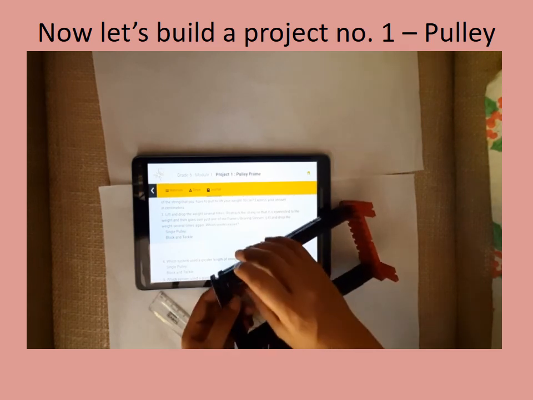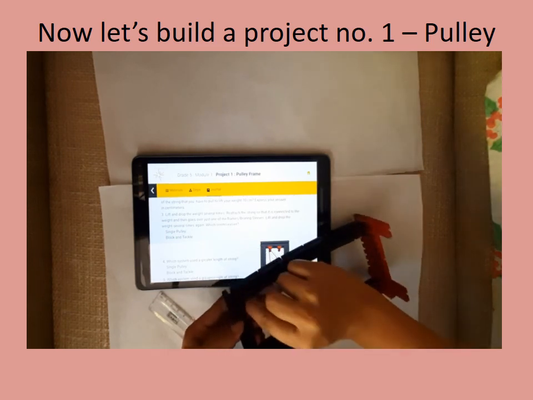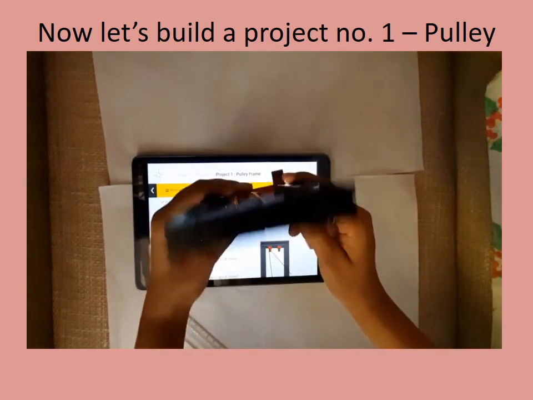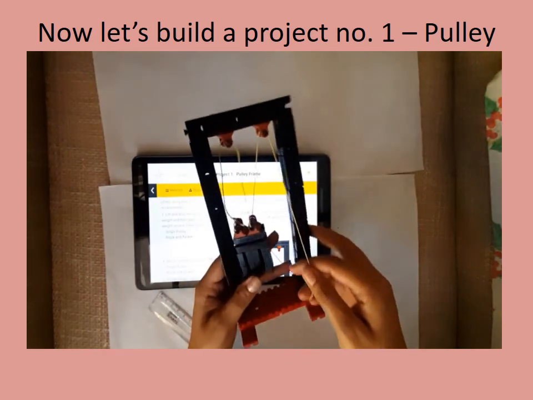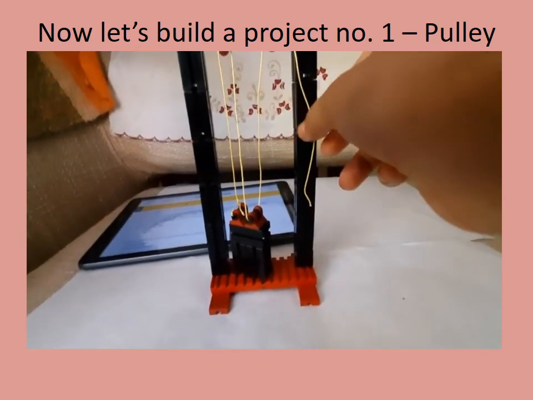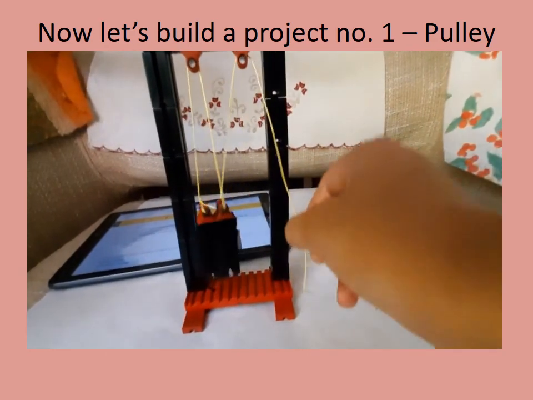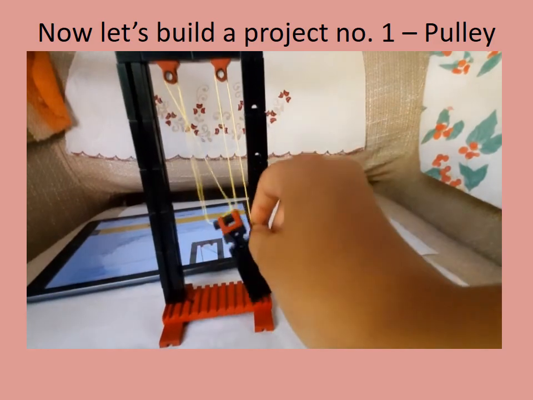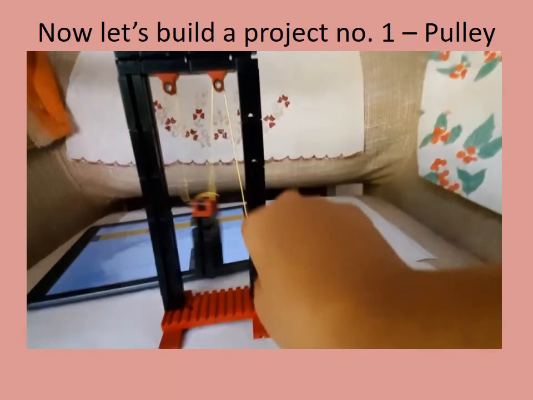As we have done in the previous question, I detach the string and then lift and drop the weight many times. Now I am again reattaching this string and pulling down, lifting and dropping the weight again.